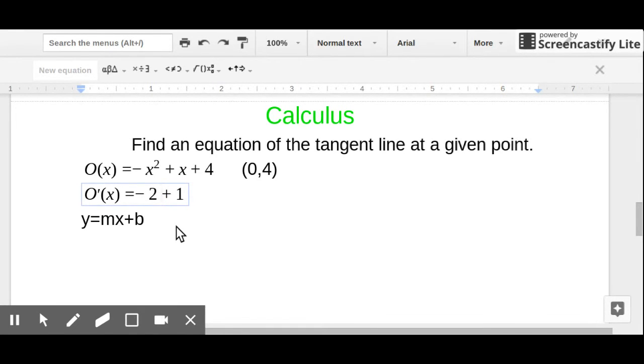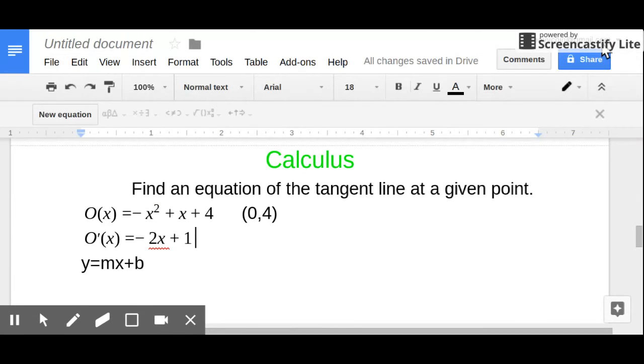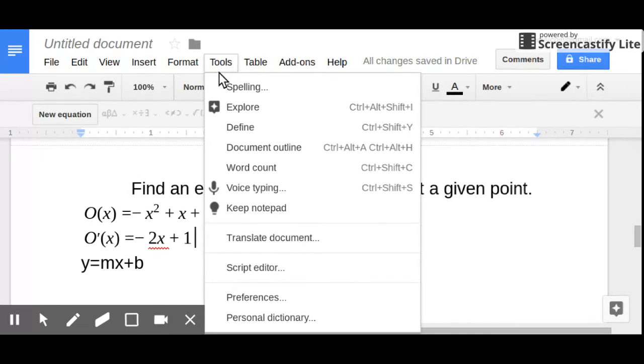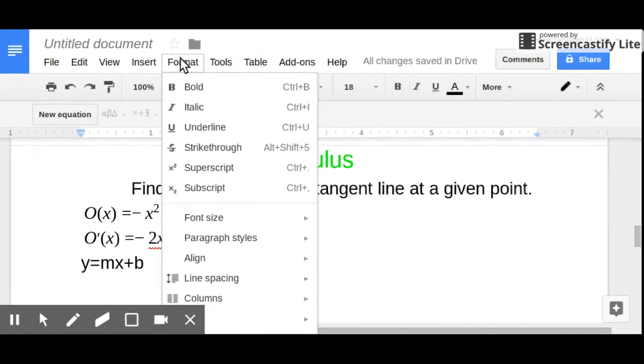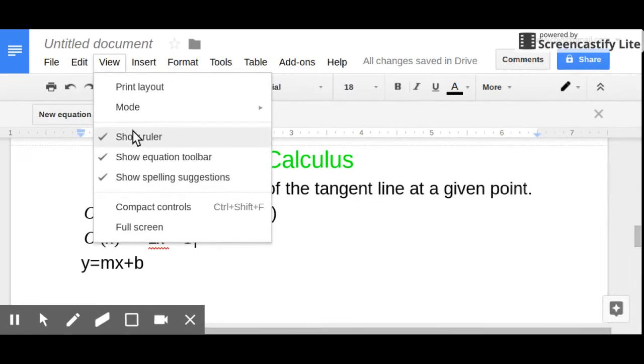And I don't know why it's doing that. Oh man, what a nuisance that's going to be. What causes that? Spell check. Let's see, tools. How do we turn that off? Show spelling suggestions.